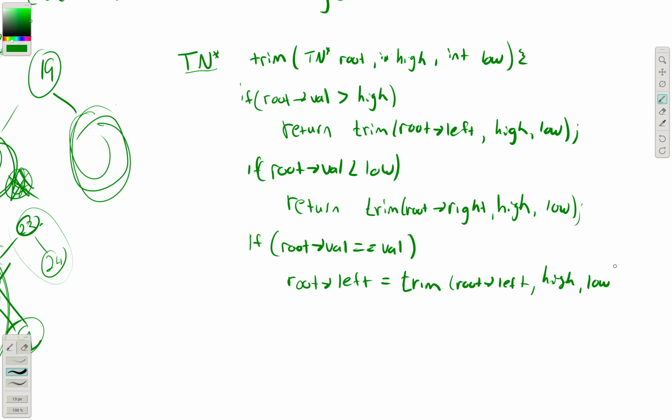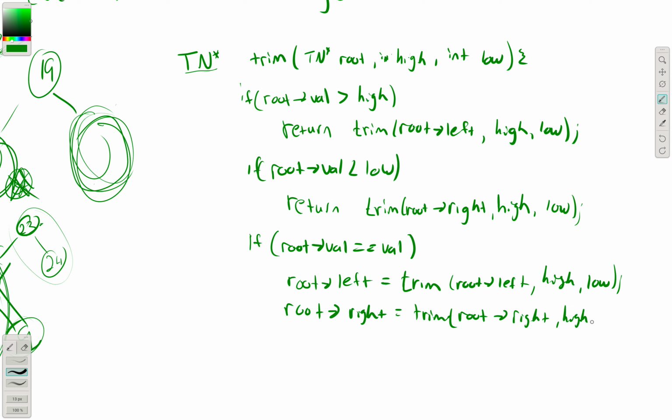We're chopping off all those branches on the left side, and then the root right gets a similar, trimmed version of the root's right side, because it could go over. We know it's not going to go less than 10 here, but it could go over 20 there.